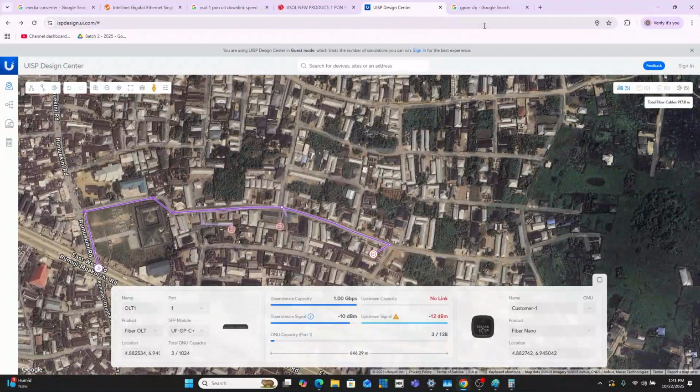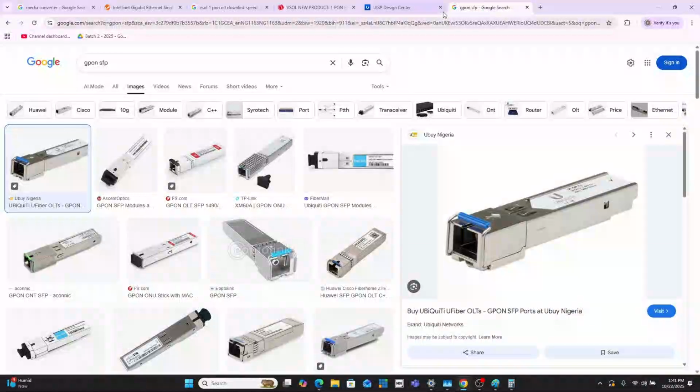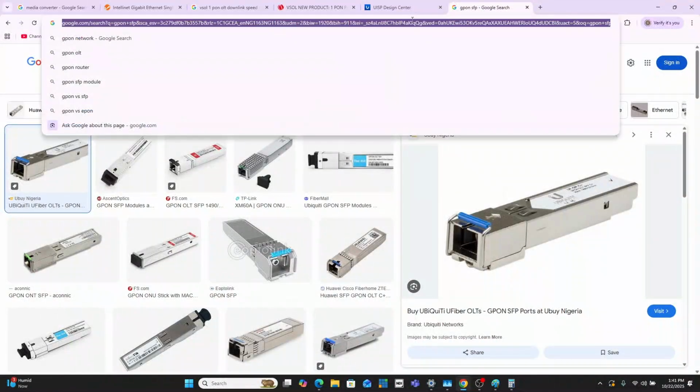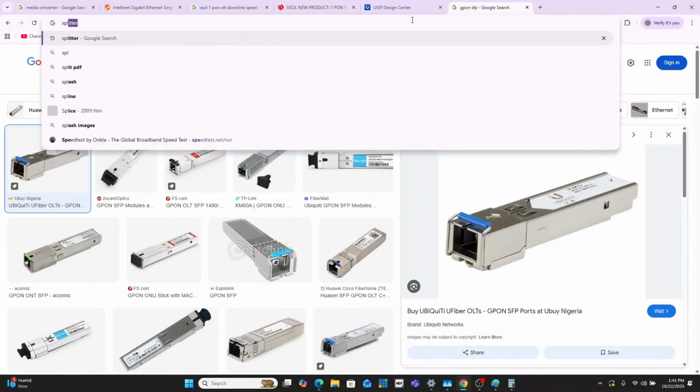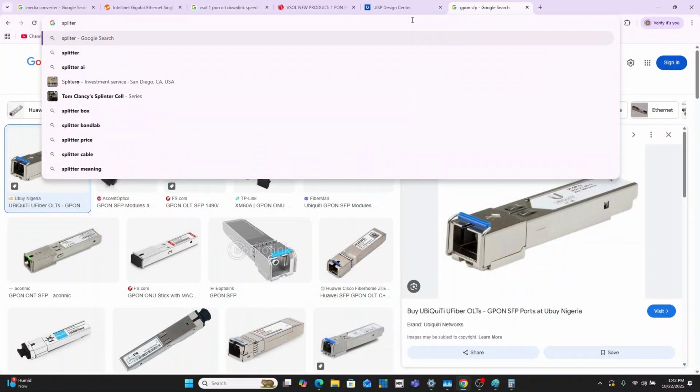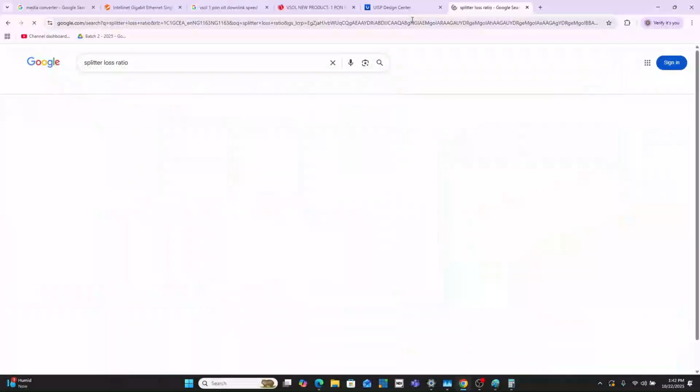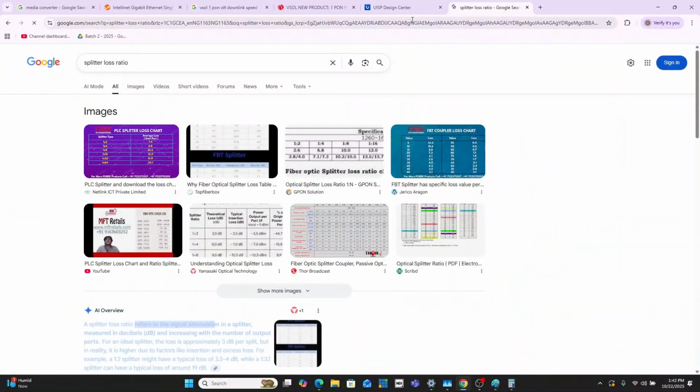Or you could just do a quick search, go to your browser, look for splitter loss ratio. Okay.